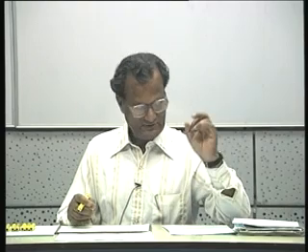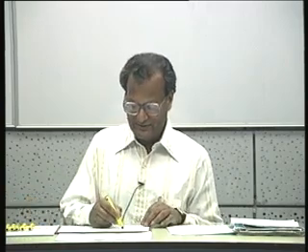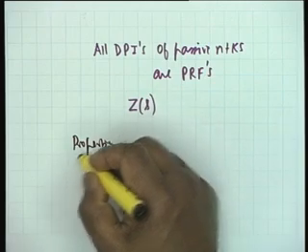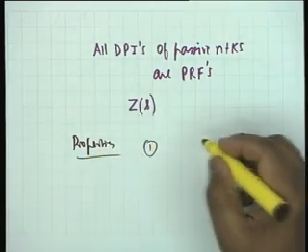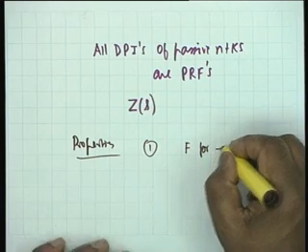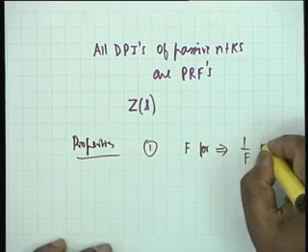So, that was the second part of the study, and then we considered some properties, and this is where much of the difficulty arose. The properties of PR: first, we have already shown that if f is PR, then 1 by f is PR.